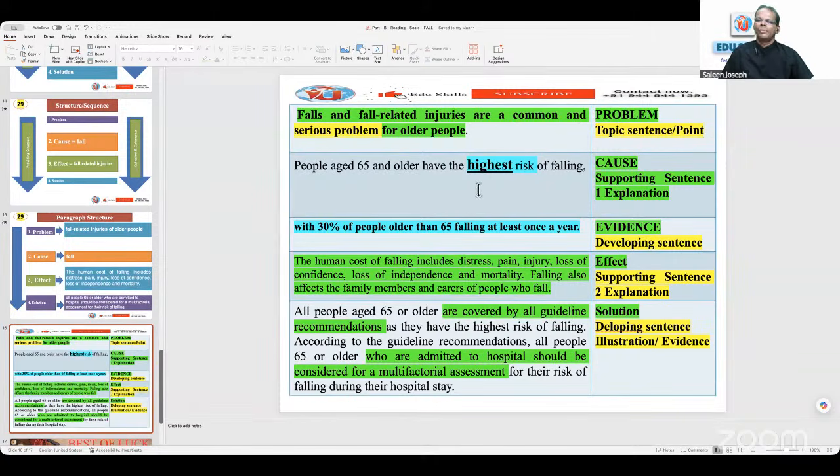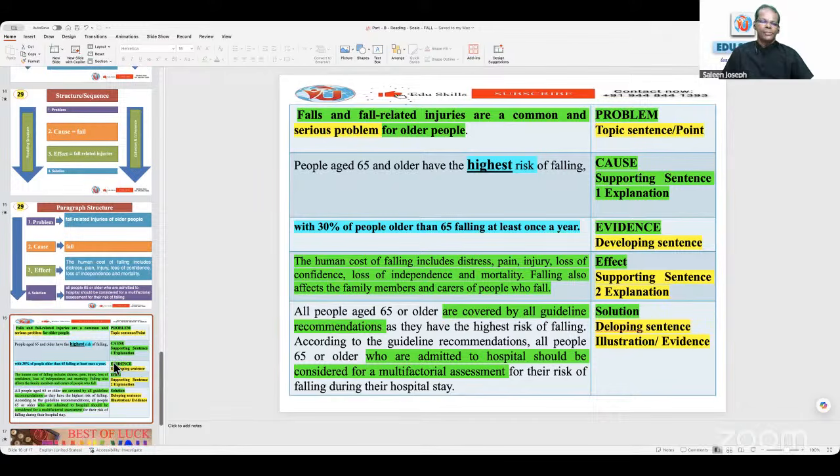Then people aged 65 and older have highest risk of falling, cause, supporting sentence, explanation. Then with 30% of people more than 65 falling at least once a year, evidence is given, developing sentence. Then the cost of falling, the effect, supporting sentence, explanation 2. Then what should be done, the solution is given at the end. That is a developing sentence, again illustrating or giving evidence. That is cool.